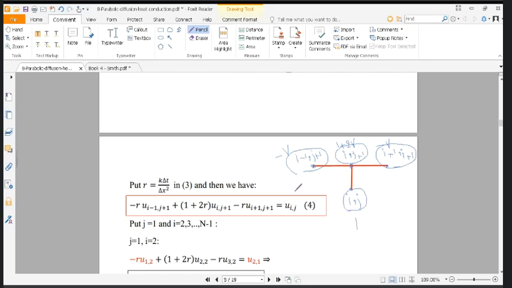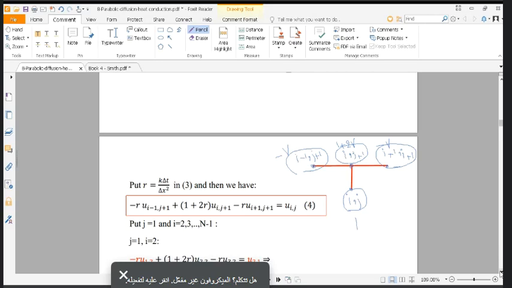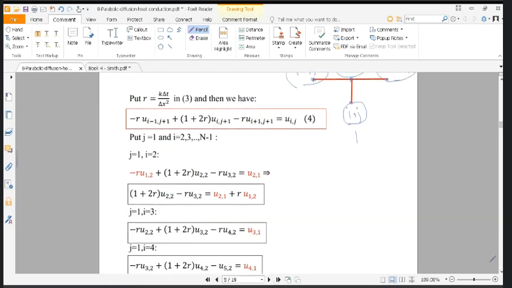We use this diagram to apply the implicit formula for all j, and for each j for i equal 2 to n minus 1. We are going to write this formula. First, we put j equal 1. So we have j is 1, and we write the formula 4 for i equal 2 to n minus 1.